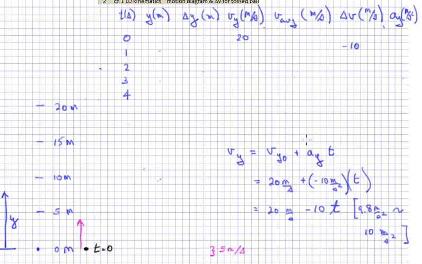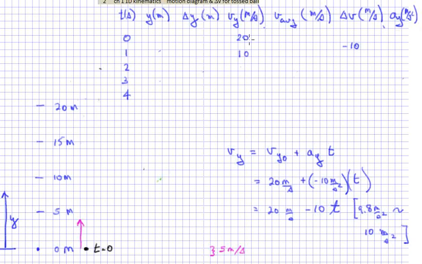It's actually 9.8, but to keep the math simple, I'm going to use minus 10. So if I have 20 meters per second at 0 seconds, 1 second later I add this minus 10 to get 10 meters per second.